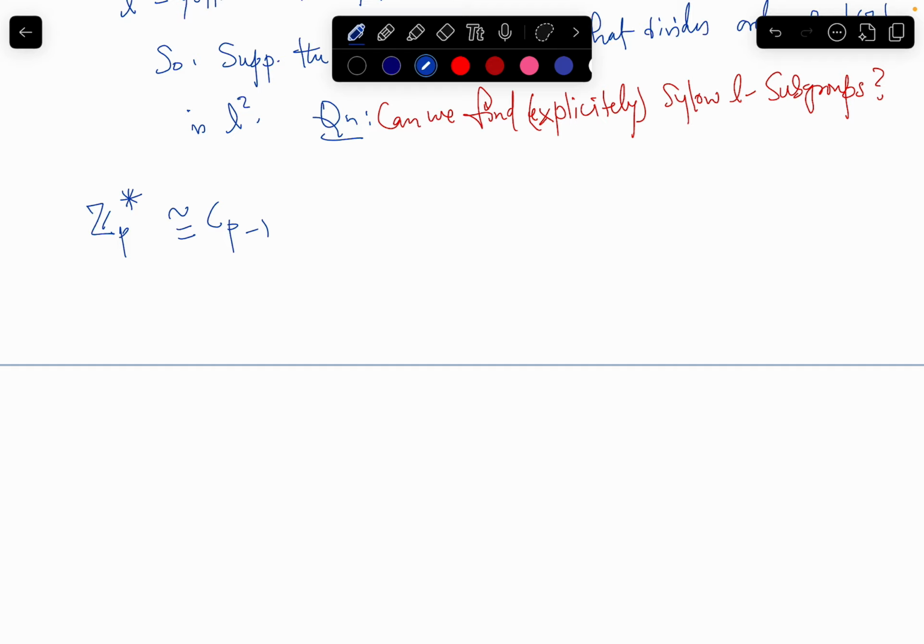As l divides the size of C_(p-1), and for every divisor of the order of a cyclic group you can find a cyclic subgroup of that order, this implies there exists C_l, a subgroup of C_(p-1), which is isomorphic to Z_p star.